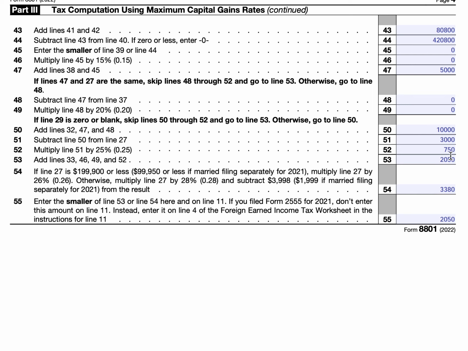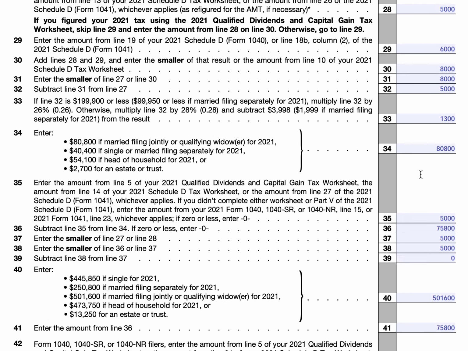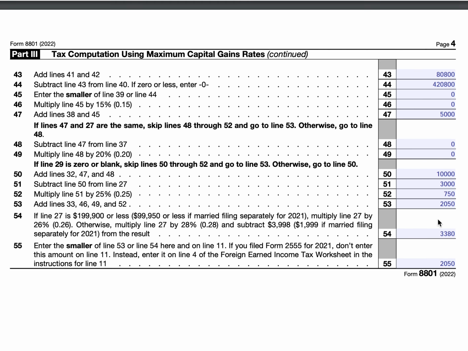So if line 27 is $199,900 or less, or half of that amount if you're married filing separately, then you would multiply your line 27 number by 26%. So in this case, line 27 is $13,000. So 26% of that is $3,380.